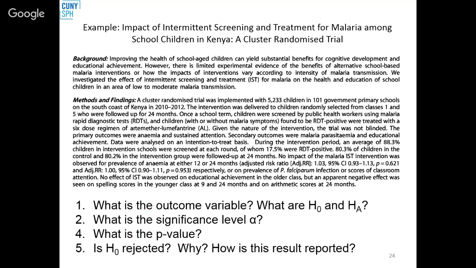I had a few questions about it: what the outcome variables are, what are the null and alternative hypotheses, the significance level, the p-value, and whether H0 was rejected. So I'm just going to ask that you take a look at this. The paper is there in Blackboard over the next week, and then we'll come back to this again at the start of the next class and discuss these questions.